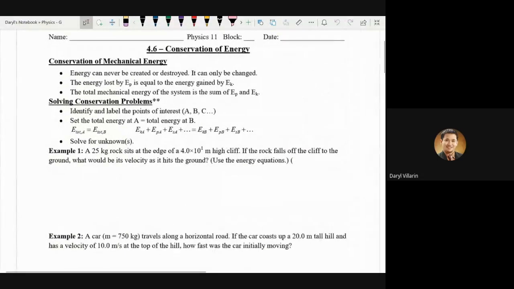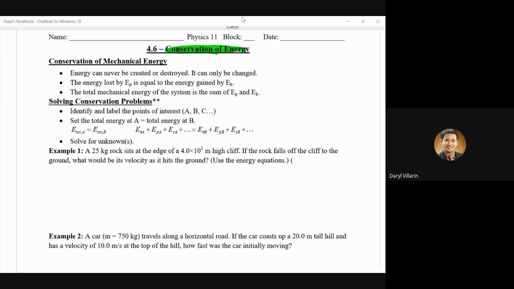Okay, so conservation of energy. According to conservation of energy, although what we've been talking about so far, potential, kinetic energy and the energy stored in a spring, are considered as mechanical energy.